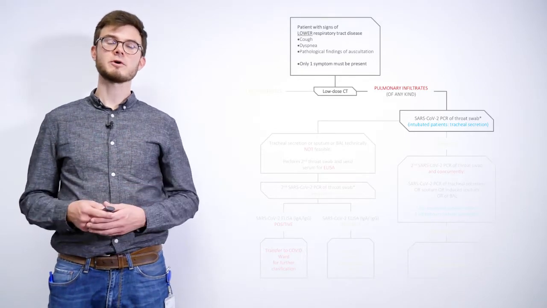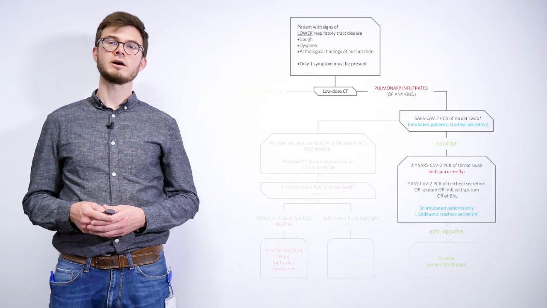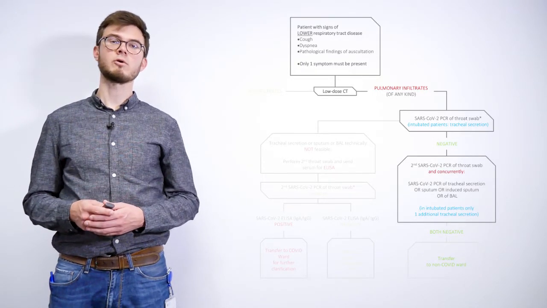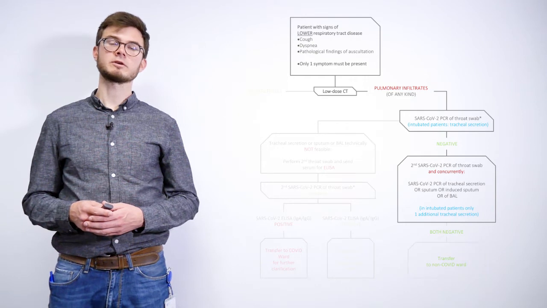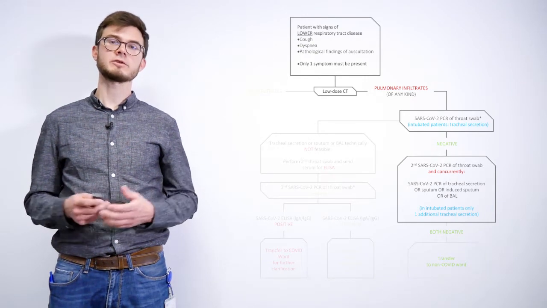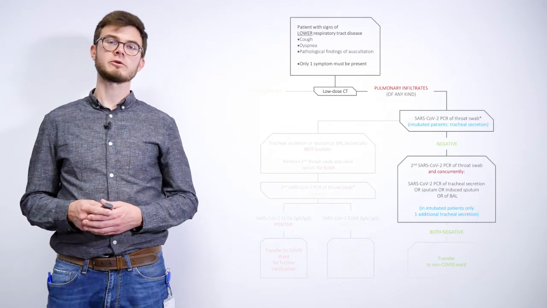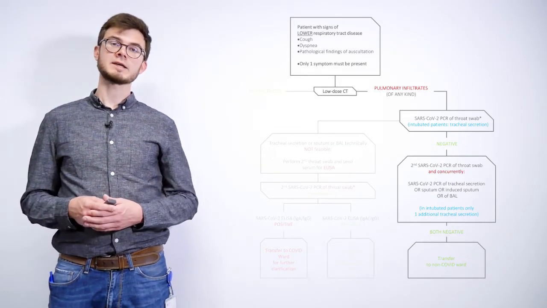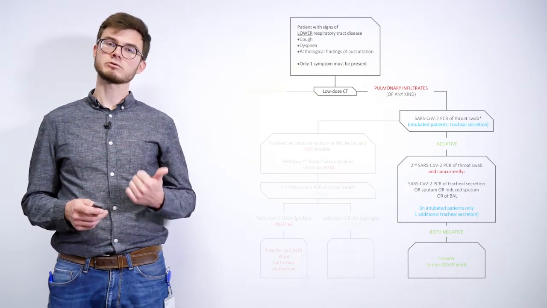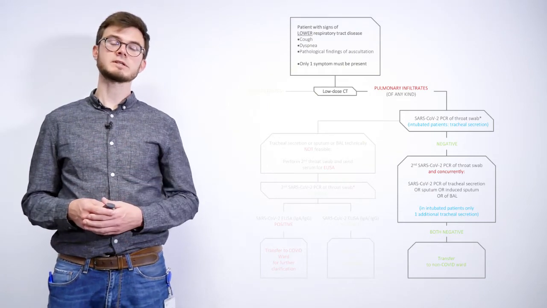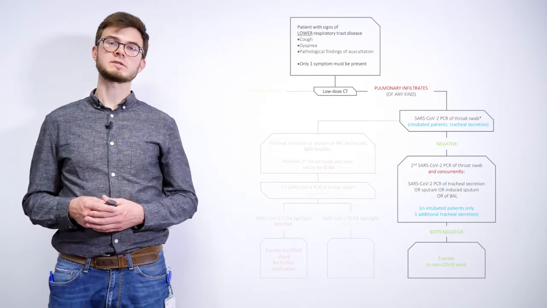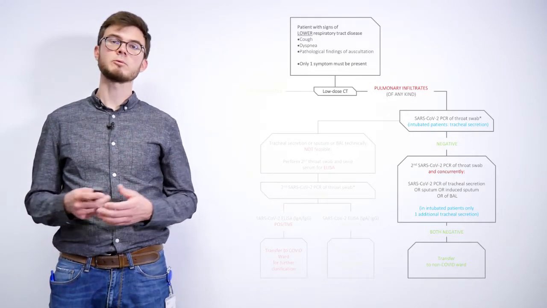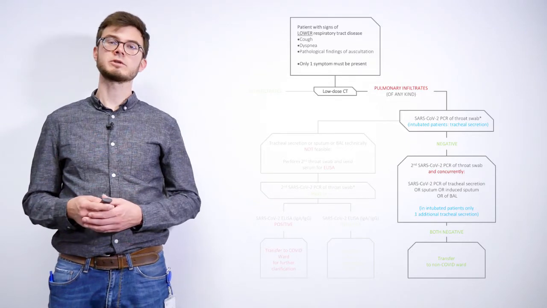If this throat swab results negative, we try to obtain additional samples such as induced sputum or perform bronchoalveolar lavage and obtain samples from there and also perform PCR for SARS-CoV-2. And if both exams, so the throat swab and the additional sample, result negative, we are able to decide that our patient can be transferred back to a normal ward where COVID-19 does not have to be ruled out.